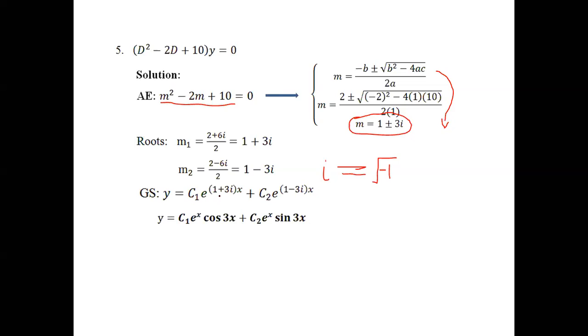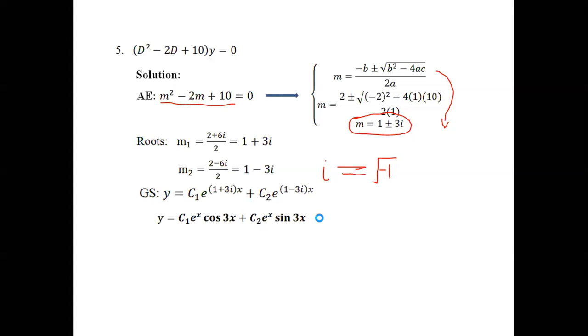Have you seen that the two powers are conjugates of each other? So 1 plus 3i is the conjugate of 1 minus 3i. The final general solution gives us y equals e to the power x times C1 cos 3x plus C2 sine 3x.